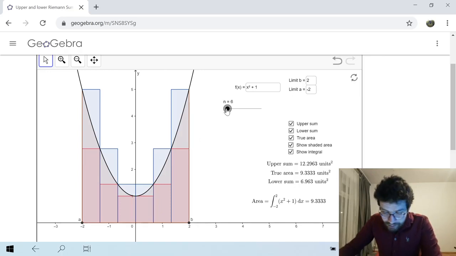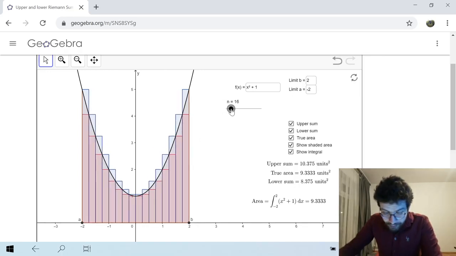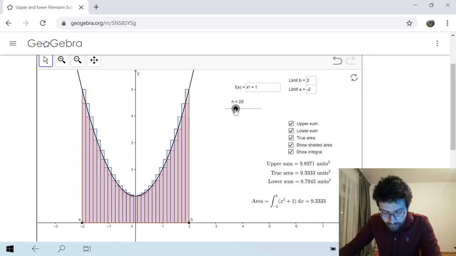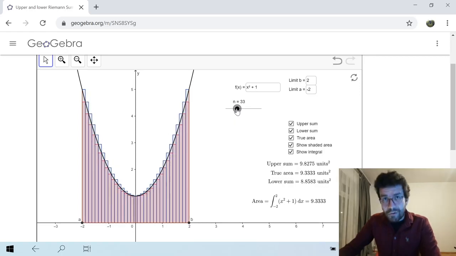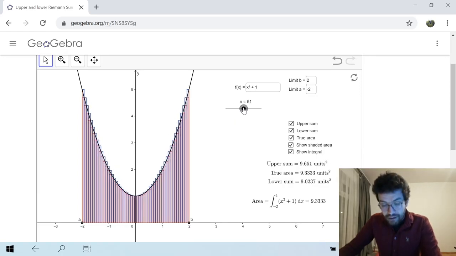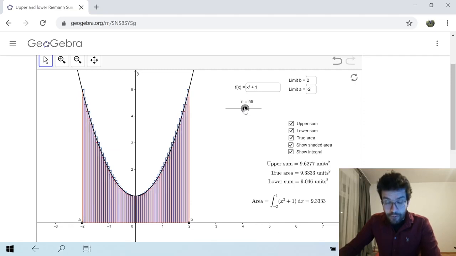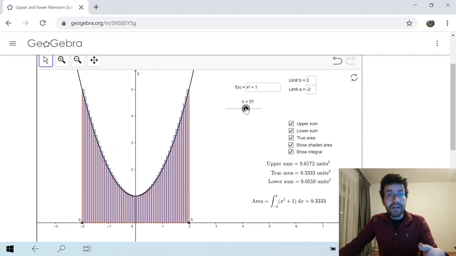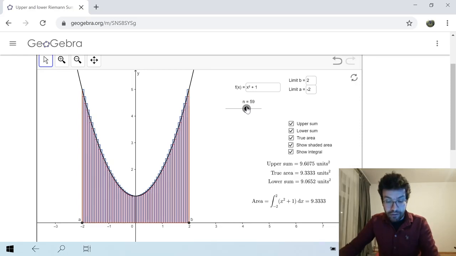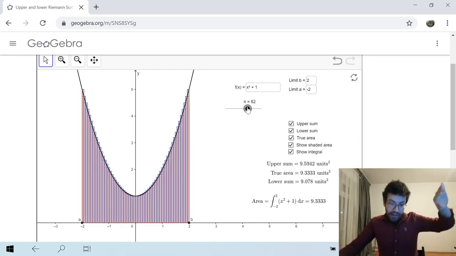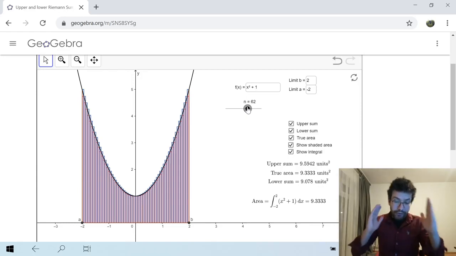As you can see, if I increase n, the upper and lower Riemann sums seem to converge to a fixed number, which pictorially you see as equal to the area under the graph of this function over the interval -2 to 2.